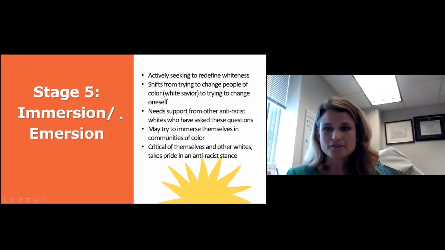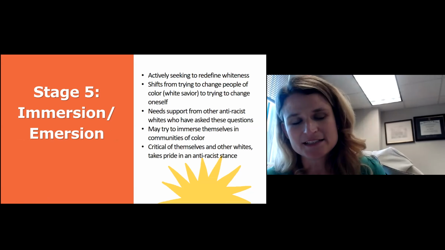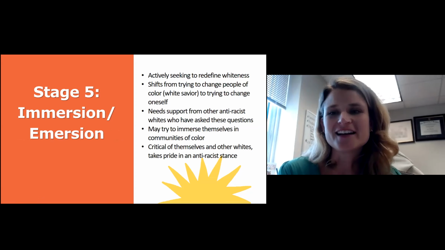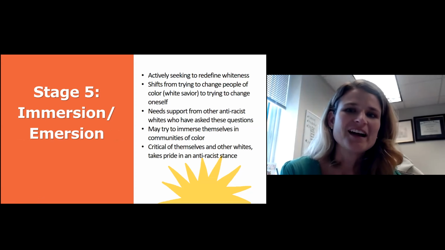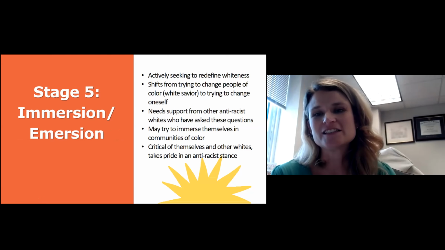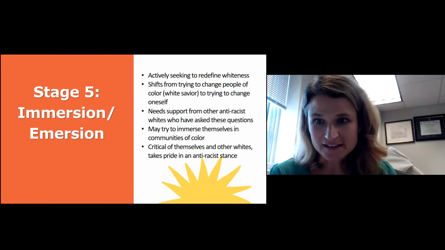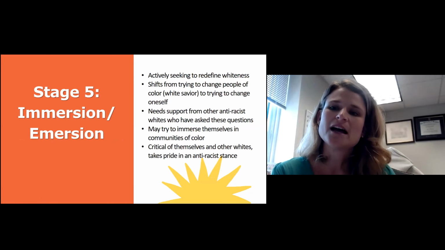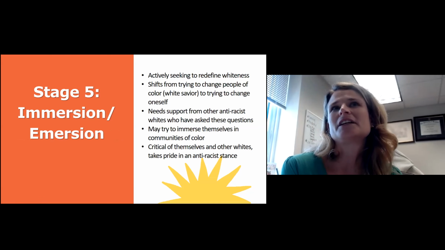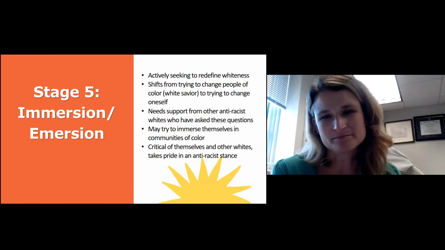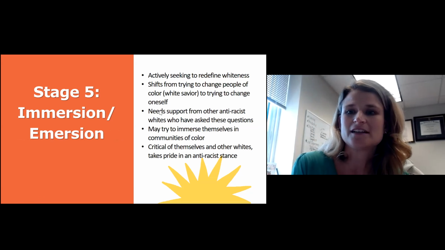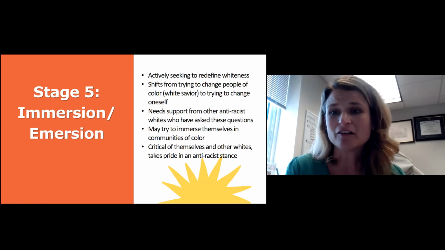All right, stage 5. This is the white identity developed version of immersion. We saw a lot of this last summer. This is where the feelings come along. It's not just an intellectual understanding of racism and the idea that, yes, we need to figure that out, it's bad, but actually trying to change yourself.